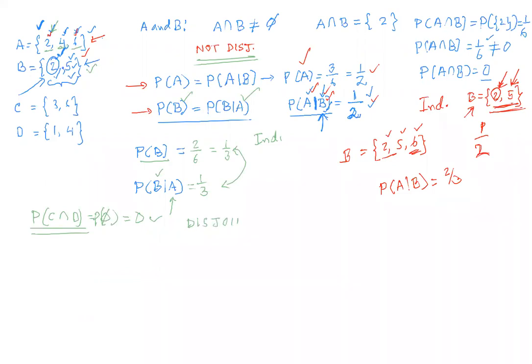Disjoint. By the way, sometimes it might be easier to show that C intersection D is equal to the empty set, and sometimes it might be easier to show that the probability of C intersection D is 0. So depending on the scenario, we just use one or the other. You can use either of them as a condition for disjointness or mutual exclusiveness, okay?